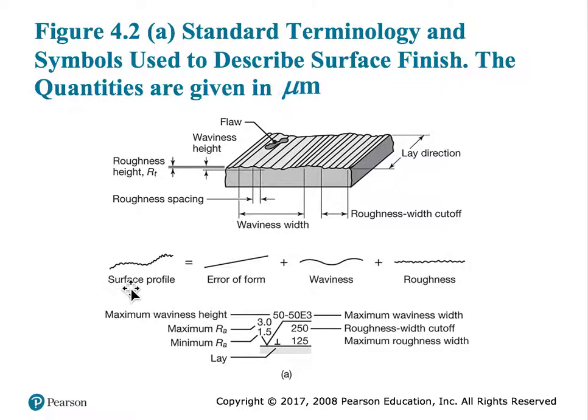In order to do that, you have to measure what is called the surface profile of your material. You describe that in terms of an average number, which is typically called root mean square roughness, or RMS roughness.